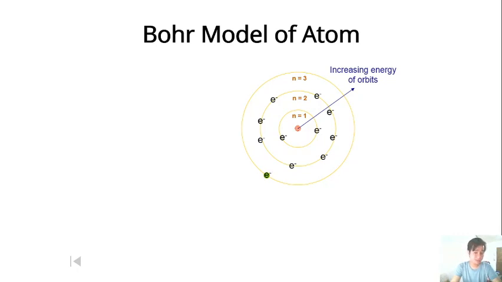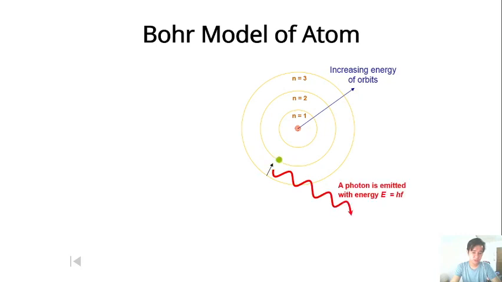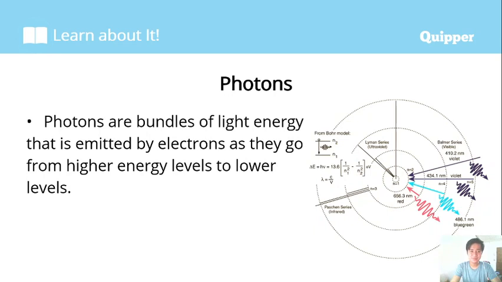Now let us say that this electron in the outermost energy level, energy level 3, moves from energy level 3 to energy level 2. When that happens, a photon with energy is released. Again, photons are bundles of light energy emitted by electrons as they go from higher energy levels to lower levels.